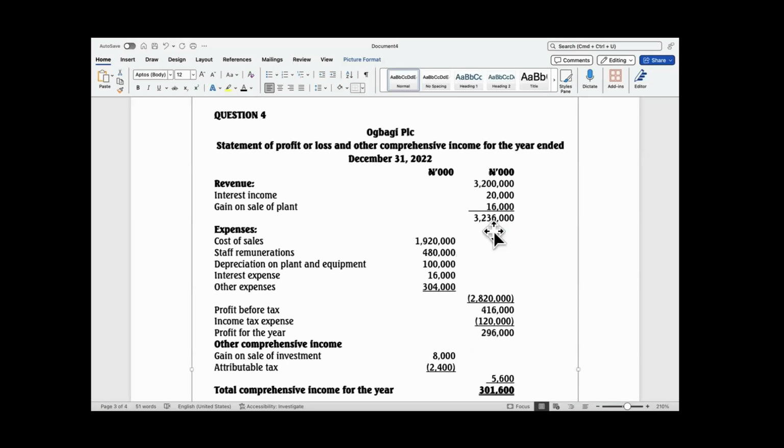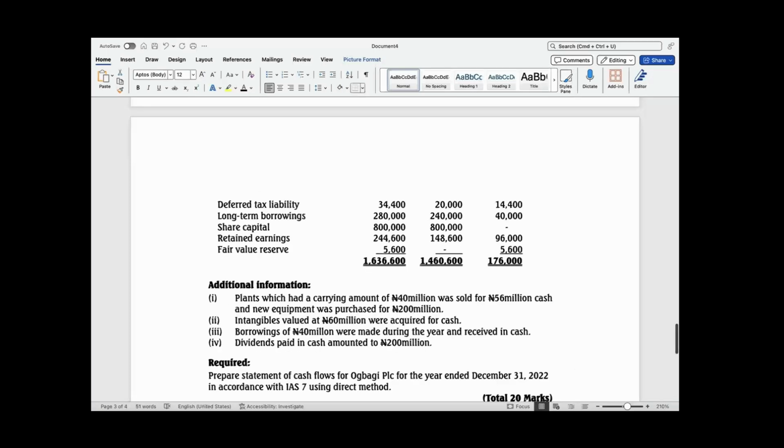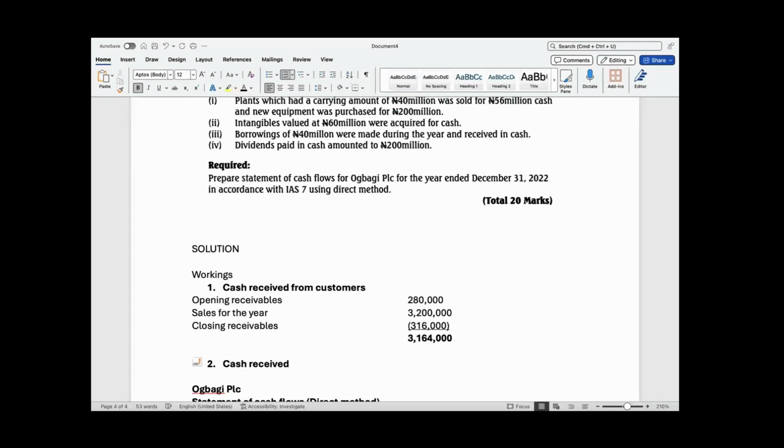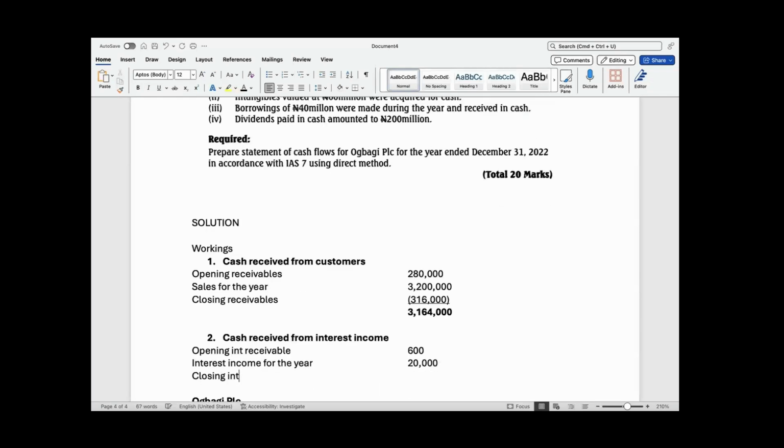But for every other person that you cannot master that, please, this will not take time at all. And it's the same thing, cash received from interest income. So I will get my opening interest receivable. How much is my opening interest receivable? 600. My interest income for the year, how much is it? 20. My closing interest receivable, how much is that? 400.